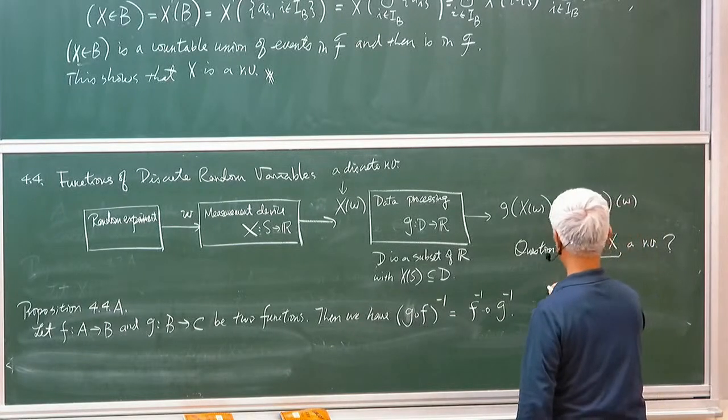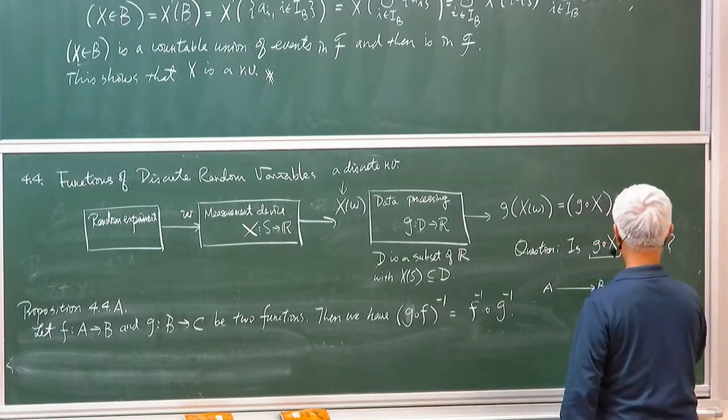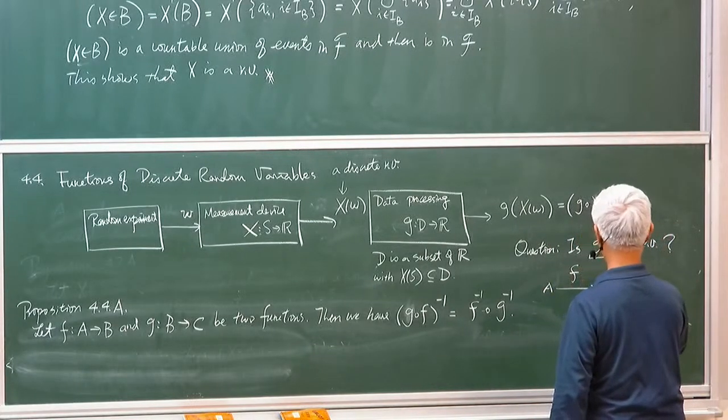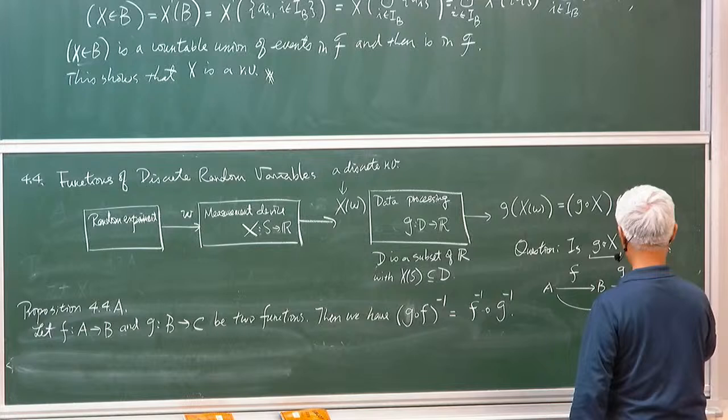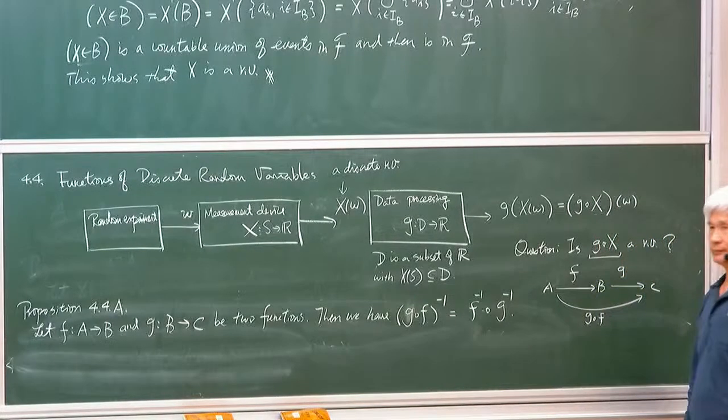So A to B to C is f, then g, and the composition is g composed with f.